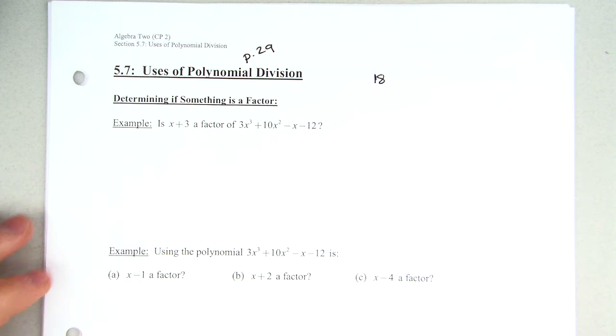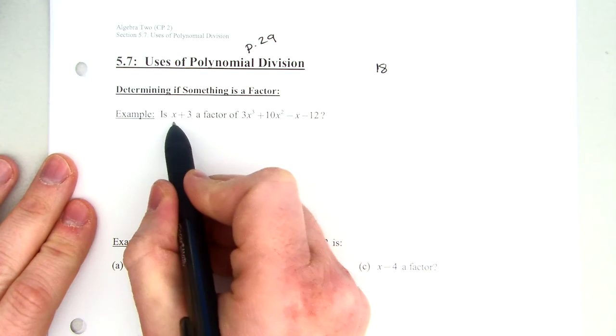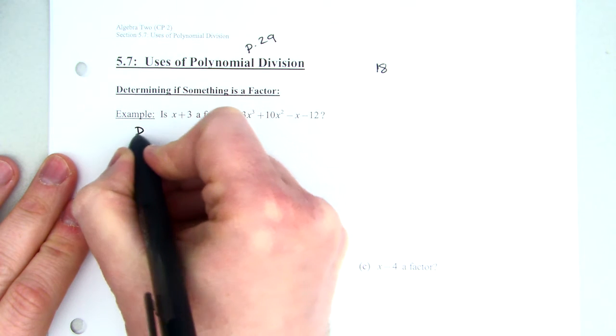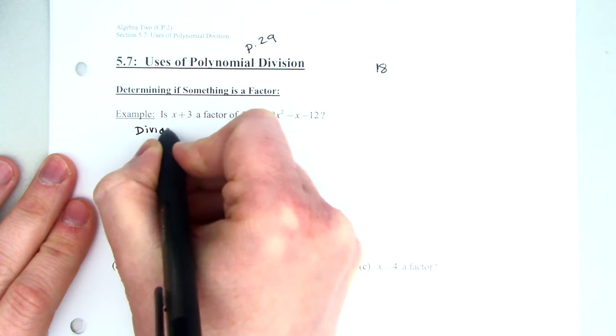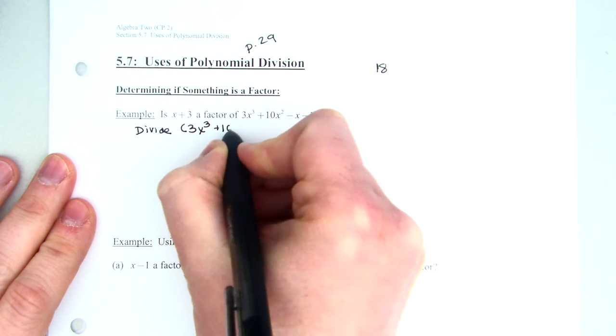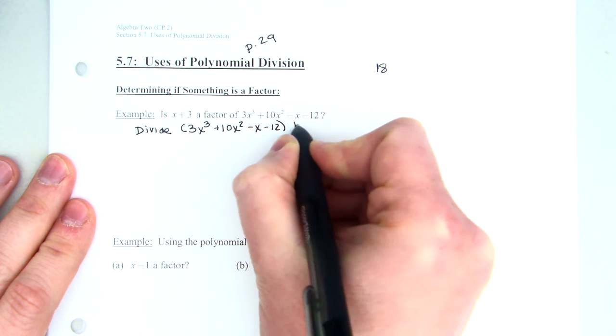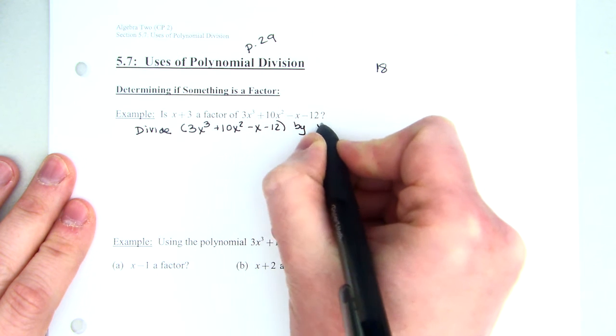We can use similar ideas to figure out if a polynomial is a factor of another polynomial. How can I figure this out? Well, I'm going to divide 3x to the third plus 10x squared minus x minus 12 by x plus 3.